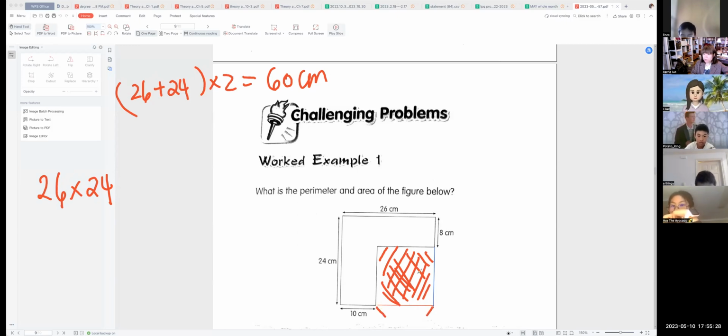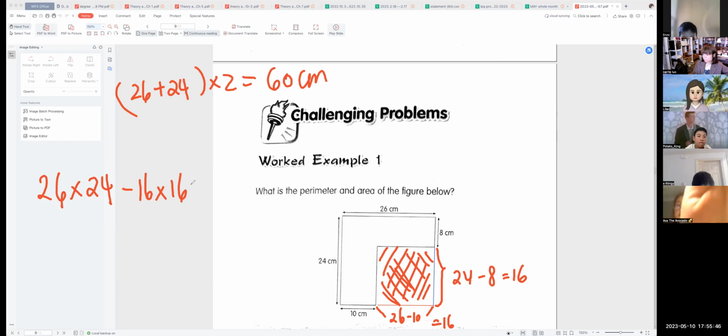This red line is 26 minus 10. And this blue one equals what? 24 minus 8. So both of them equal 16. So it's 26 times 24 minus 16 times 16. Understand, everybody? So this is the perimeter. This is the area. Understood, Enzo?